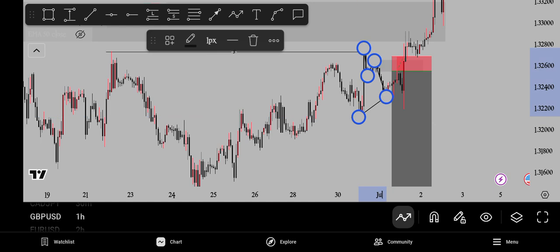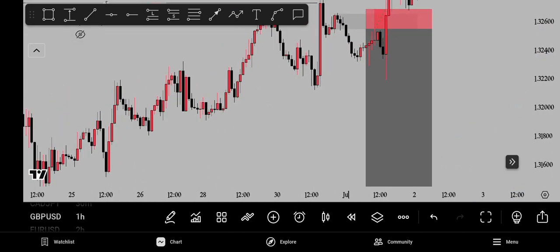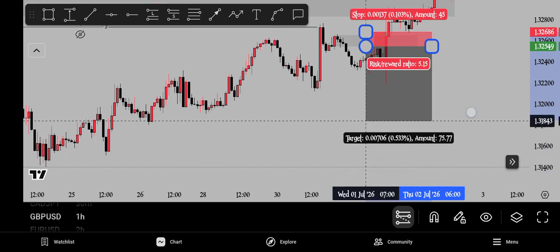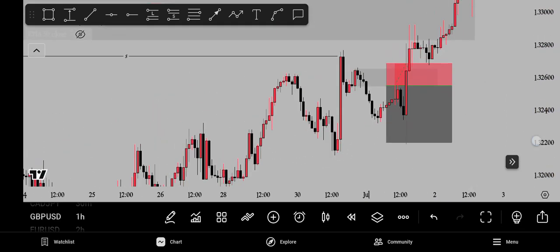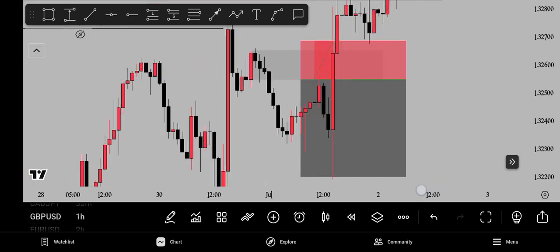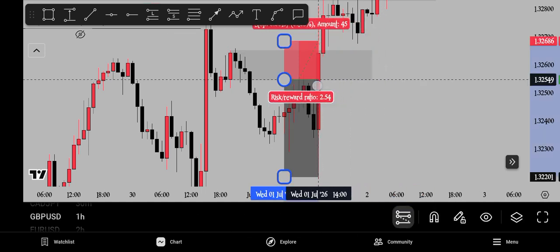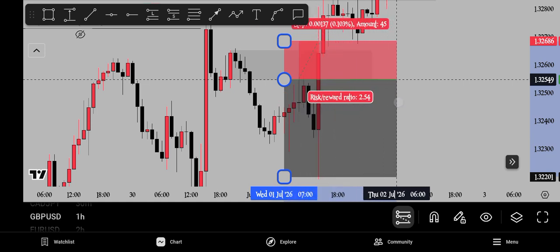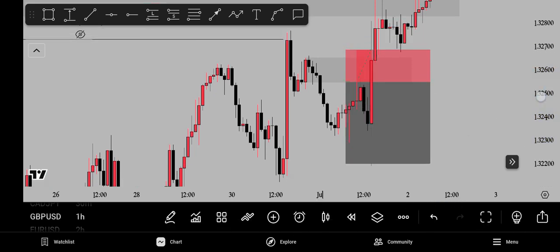So after this, you can see when price tapped me in, price already gave me close to 2.3 RR. I see price already gave me 2 points, close to 2.3 RR.